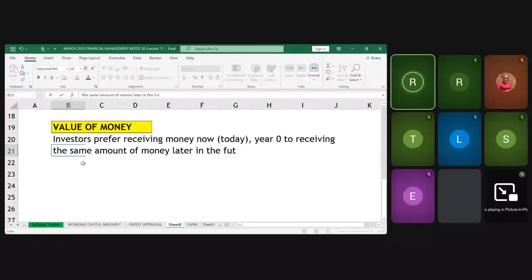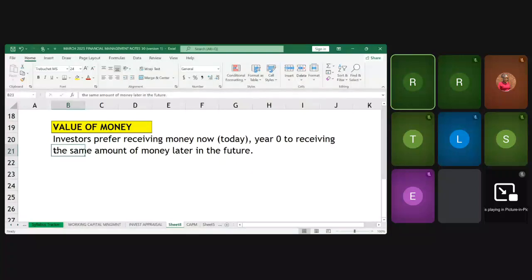So, assuming that you have an opportunity to receive 2,000, you would want to receive that money today and not postpone the opportunity of receiving money into probably 3, 4 years later.